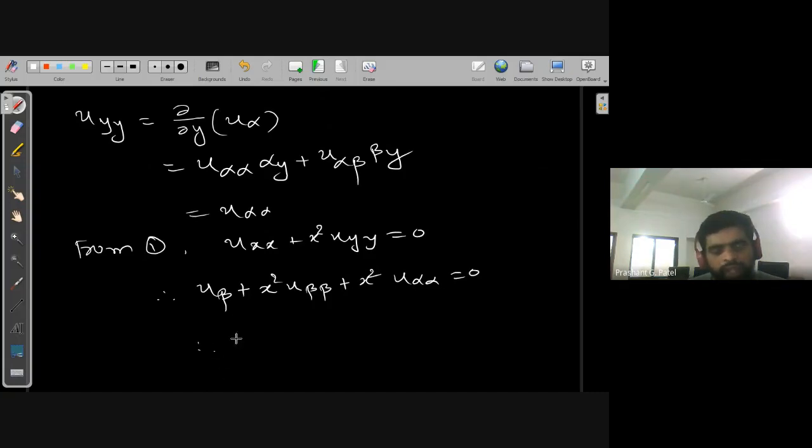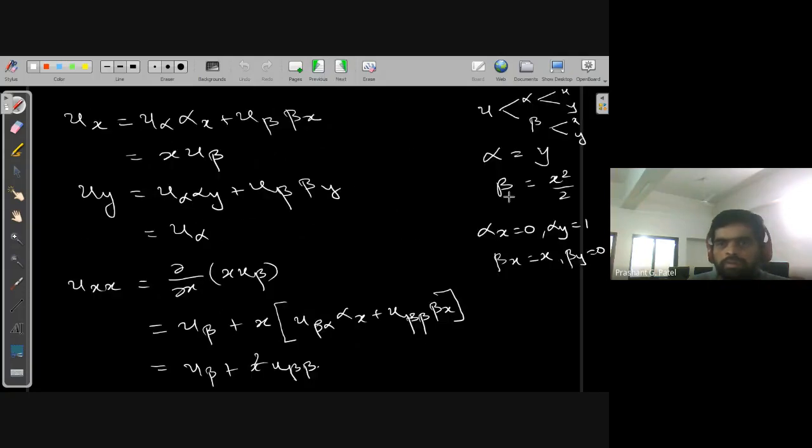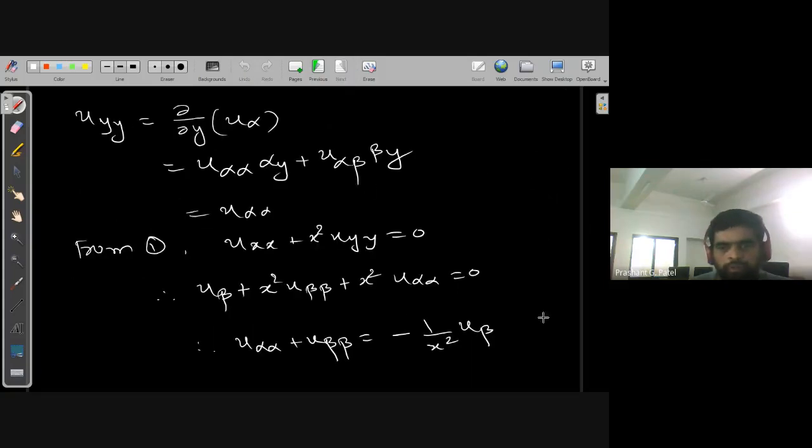So finally you will have u alpha alpha plus u beta beta equal to minus x square by u beta. And what is the value of x square? Beta is x square by 2, so x square is 2 beta. So if I substitute that value, it is minus 2 beta u beta.